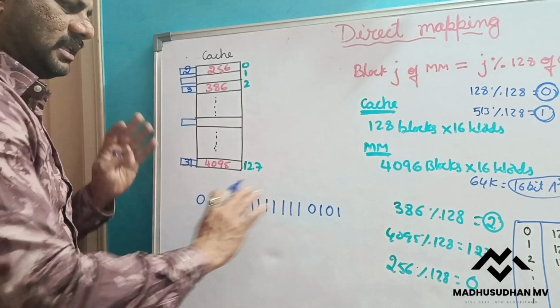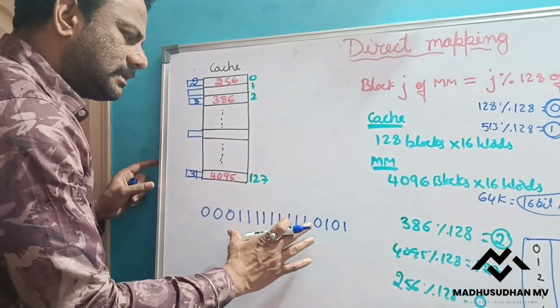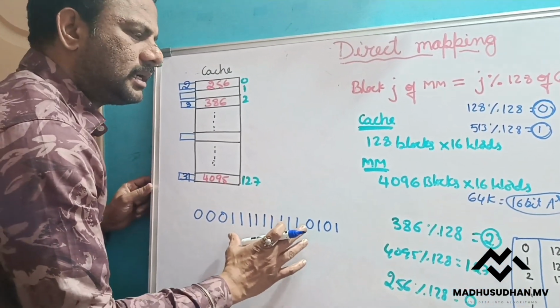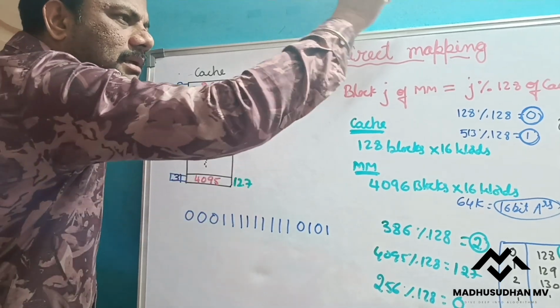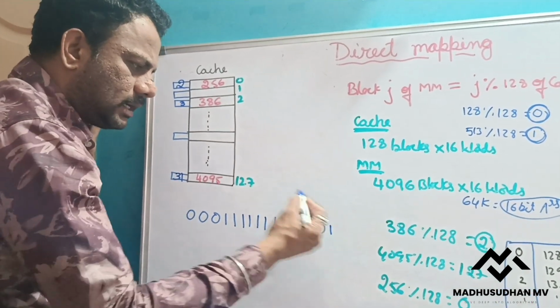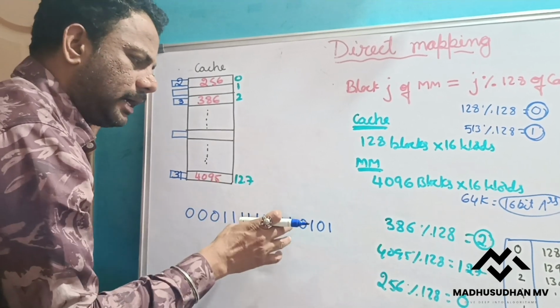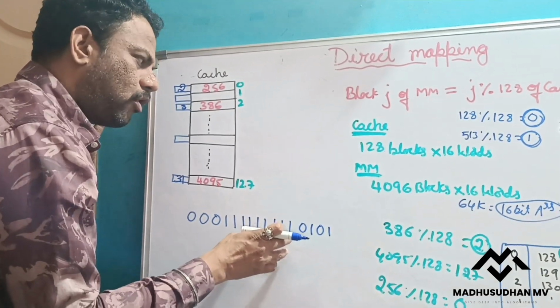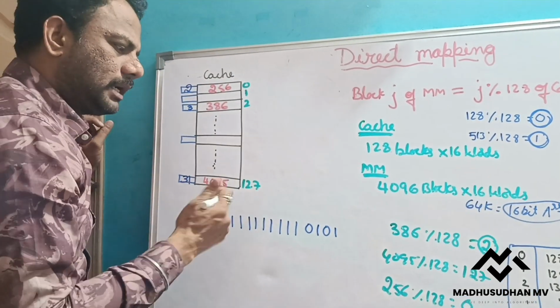Okay, for example. Now this is the 16-bit address the processor generates to access the content in main memory, but it will check in the cache memory first. So how is this address used to identify the main memory block in the cache block? Let us see that.